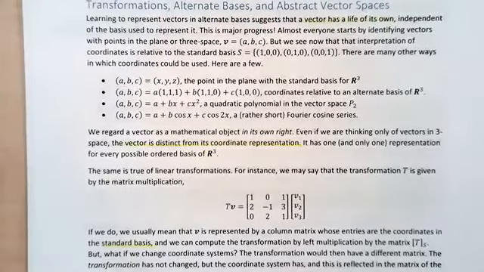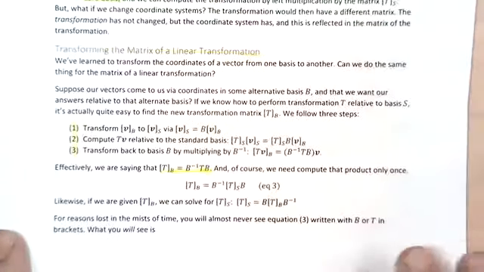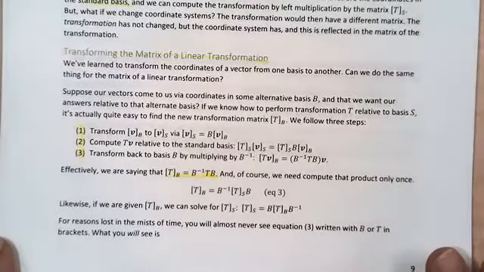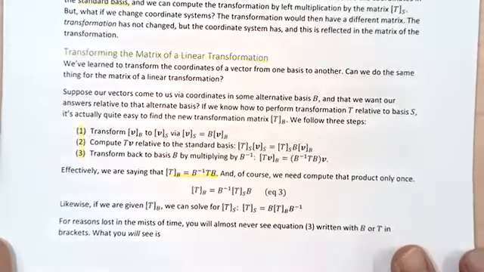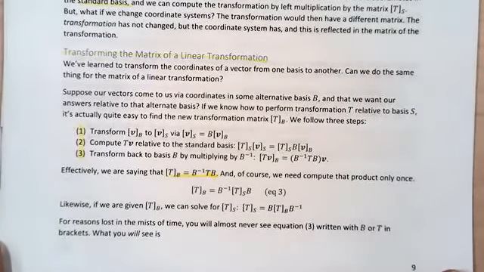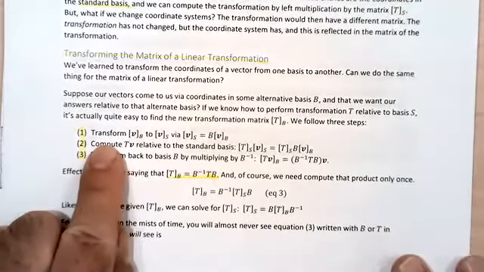Okay, now the last thing I want to mention is just what I was saying. If you modify the basis, then you are going to modify the representation by matrix. And that's true for coordinates. It's also true for linear transformations.